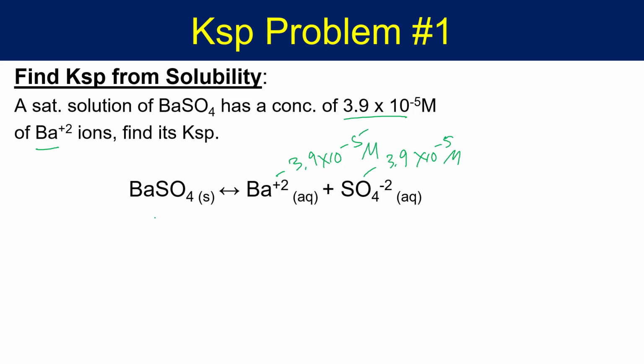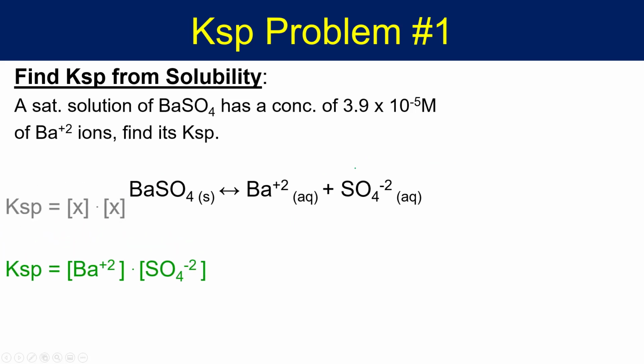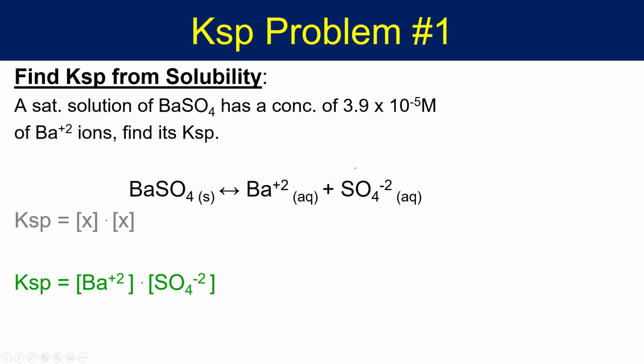Now, why is that? Well, when barium sulfate dissociates, every one barium sulfate winds up breaking up into one barium and one sulfate ion. So we have a 1-to-1 ratio here. So the concentration of one ion is going to be equal to the concentration of the next. To move on with that calculation, now we know Ksp is equal to the barium concentration times the sulfate concentration.